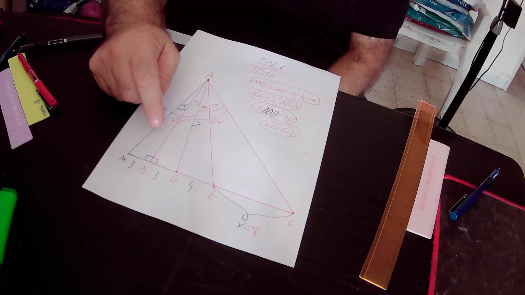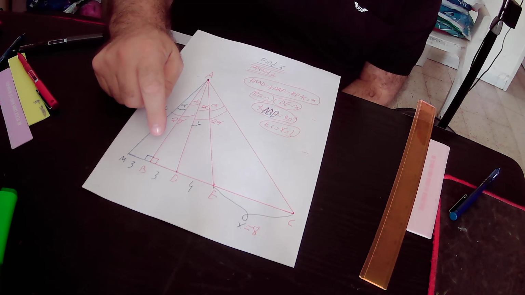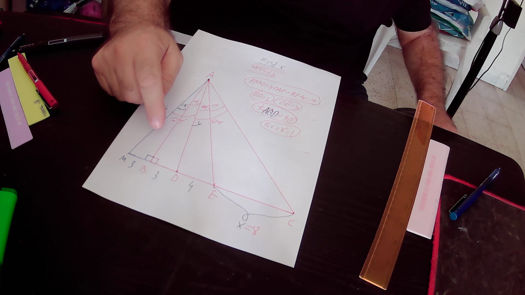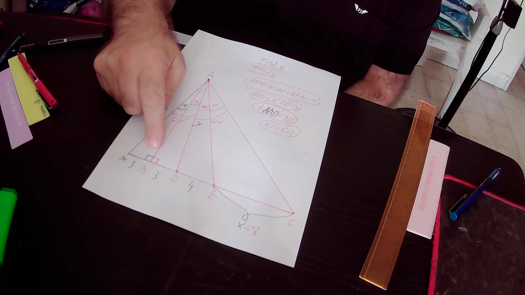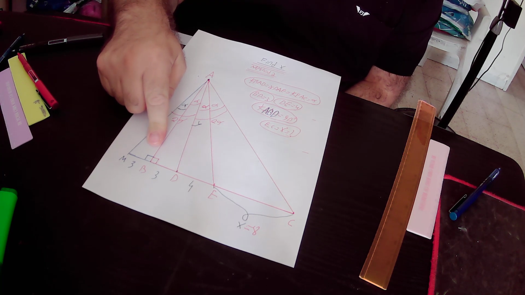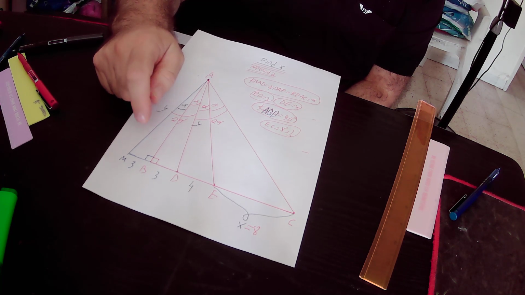So here we calculated the size of angle ABM according to the rule that the sum of the angles on a straight line equals 180 degrees.